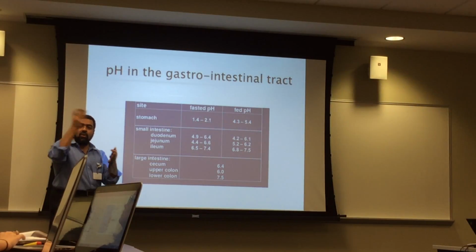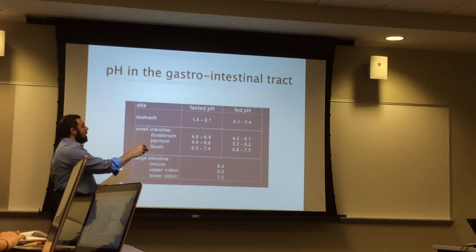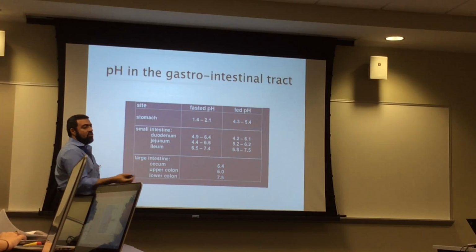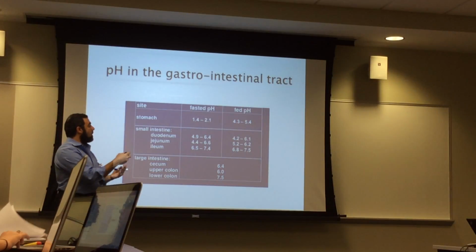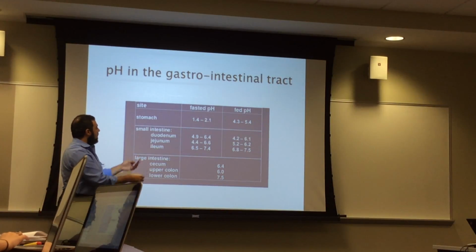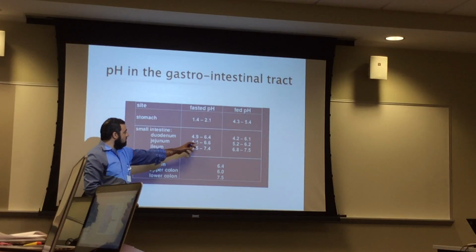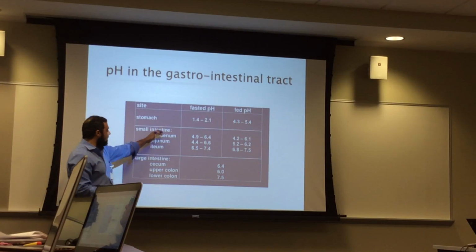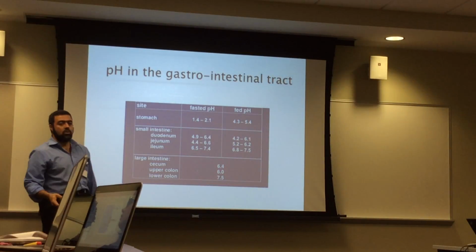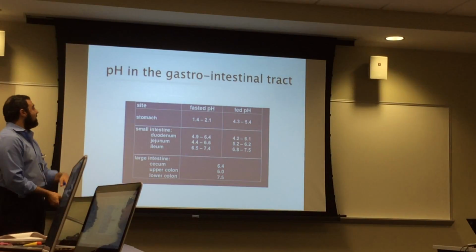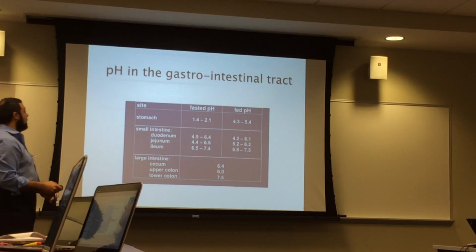That's right, because of the negative log. And when you feed the animals or you feed a human being, you're diluting this with food and raising the pH. Small intestine is usually around 4 to 6, and different parts have different pH ranges. Then when you go to the large intestine, it's mostly also alkaline relative to the stomach.